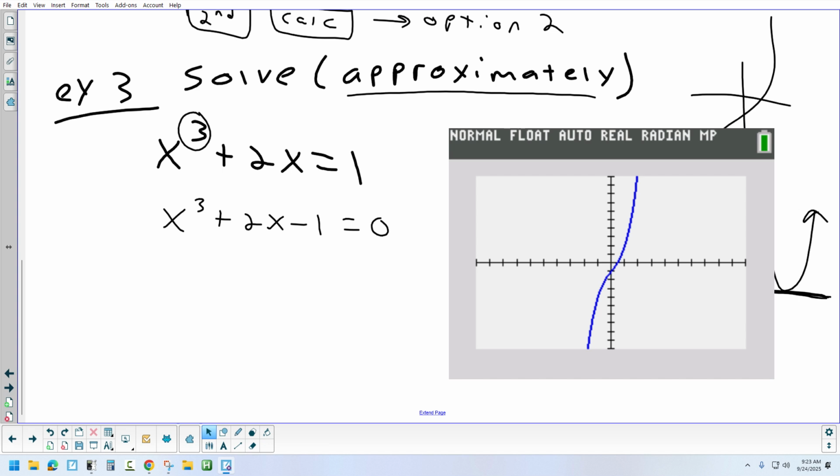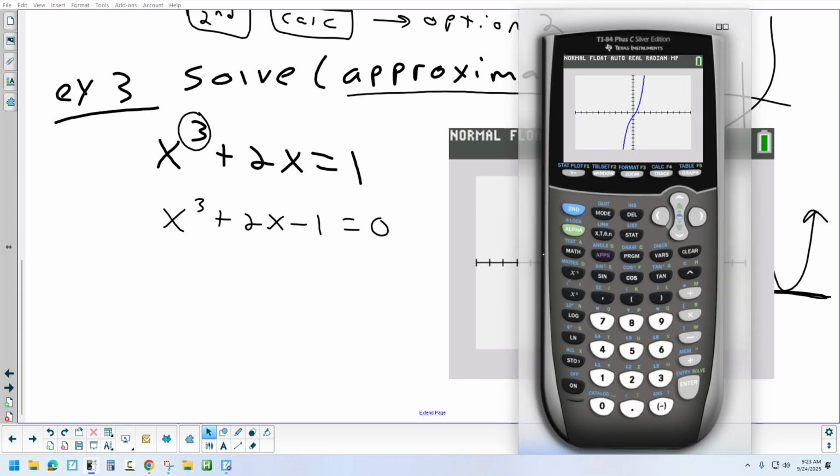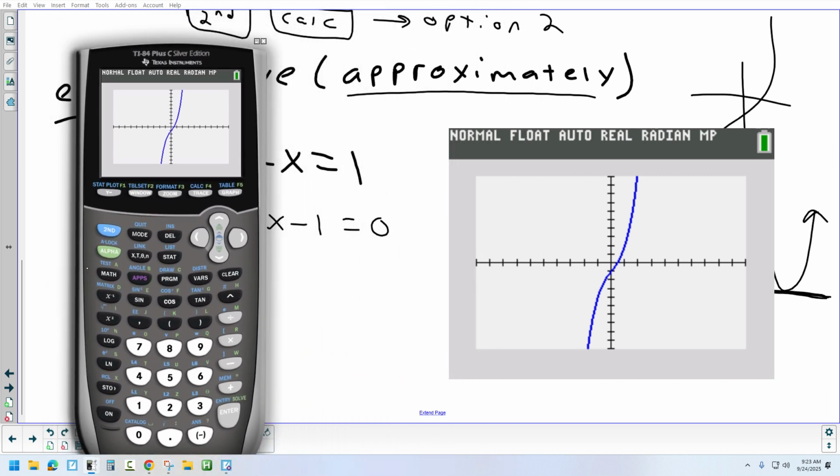Yep, just once. How do I use the calculator to figure out approximately where it crosses? Second trace. Yep. We don't just want to say, oh, it looks like it's 0.5. I mean, maybe it's 0.5, maybe it's 0.47916. Who knows? So we want to do second calc 0 and figure it out.